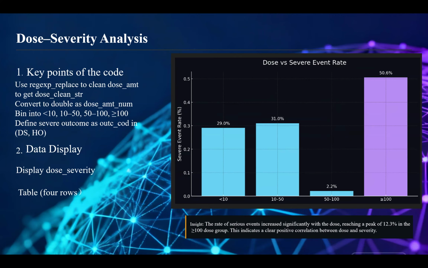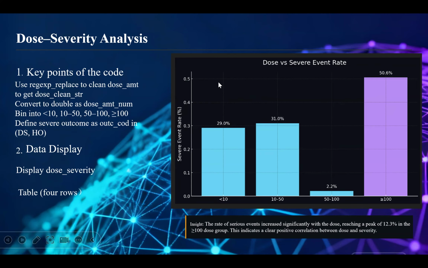Okay, so I'll finish up by summarizing our final analysis and the conclusions. The first one is the dose severity relationship analysis. We used the dose amount as the reported dosage and the outcome code as our severity code. Then we grouped those doses into four preset ranges, for example, less than 10 milligrams, 10 to 50, 50 to 100, and 100 plus.